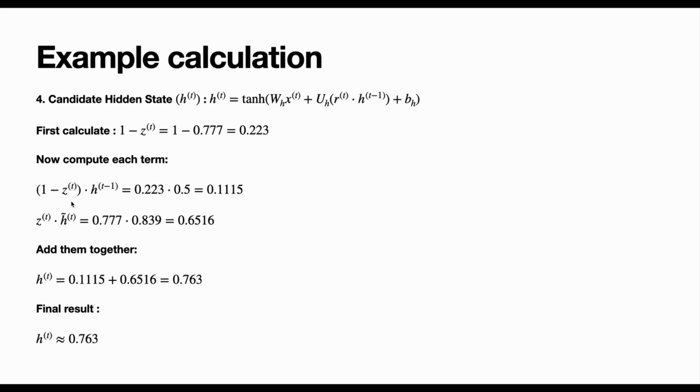Next, the update gate also controls how much of the candidate hidden state, calculated earlier, should contribute to the final hidden state. Here, 77.7% of the candidate hidden state is used. Finally, these two components are added together to produce the final hidden state. In this case, the result is approximately 0.763.